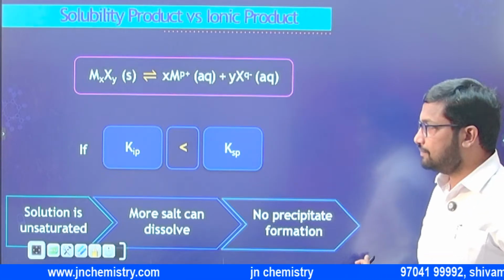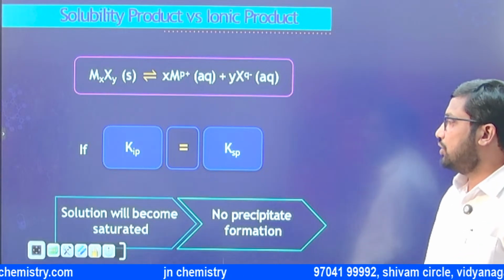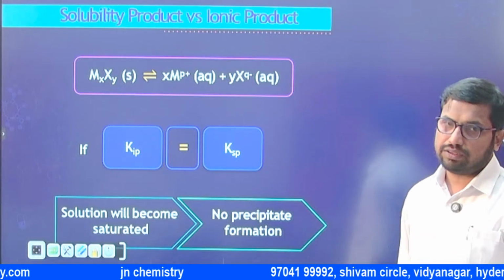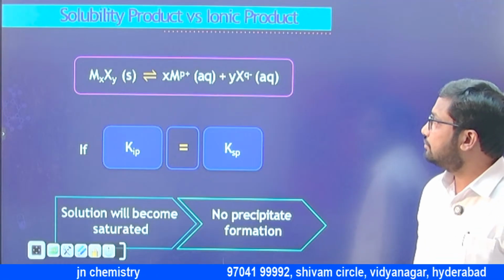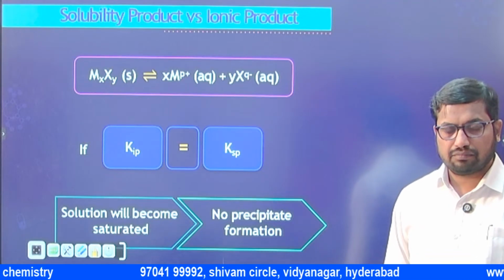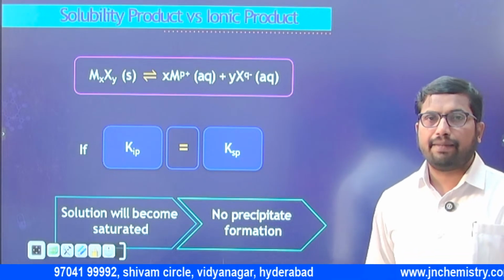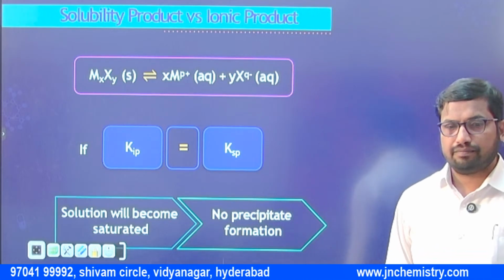Then if both are equal, the solution will be saturated, and of course no precipitation. Very important, the relationship between ionic product and solubility product.